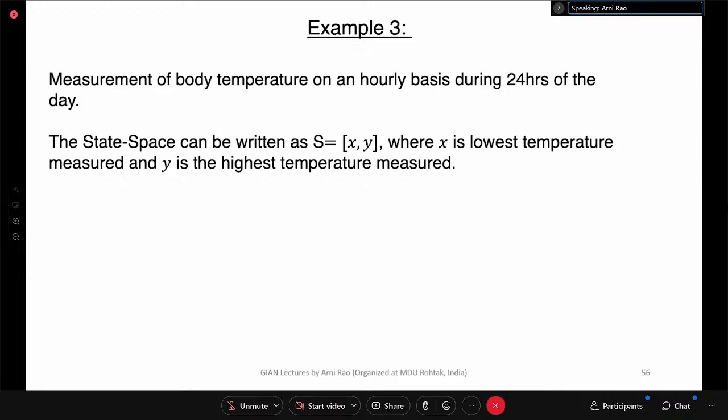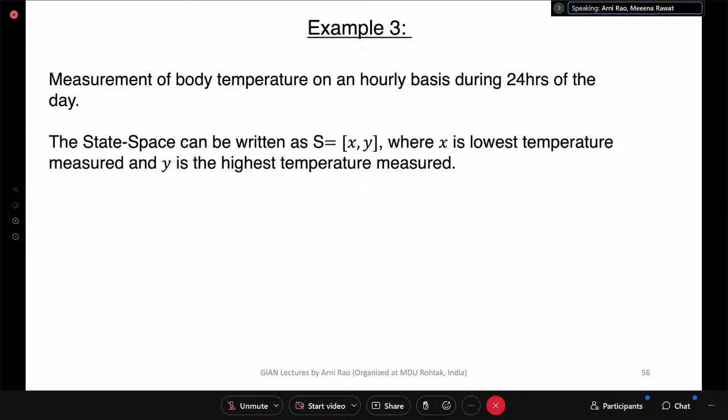At the time of entry, as soon as the patient is admitted to the bed, the hospital measures the height, weight, temperature, everything, and keeps it in the record. And the patient is to be observed for 24 hours, like in COVID time, when patients were continuously monitored for 24 hours for temperature and everything. So let us take the example where temperature is measured.